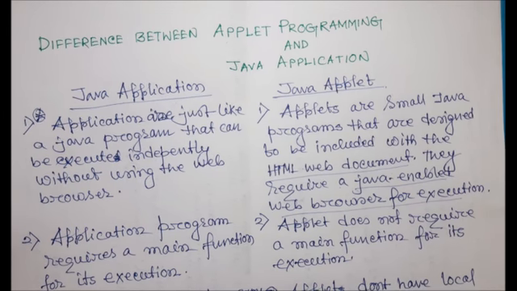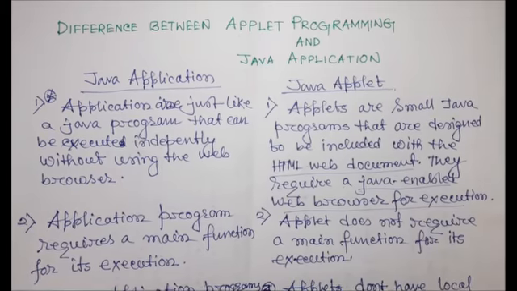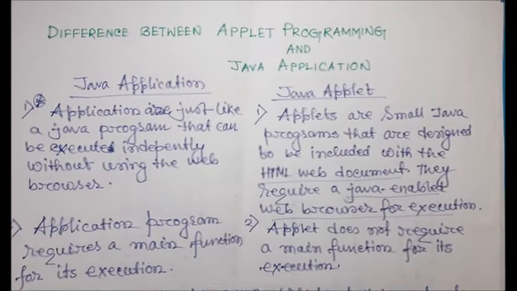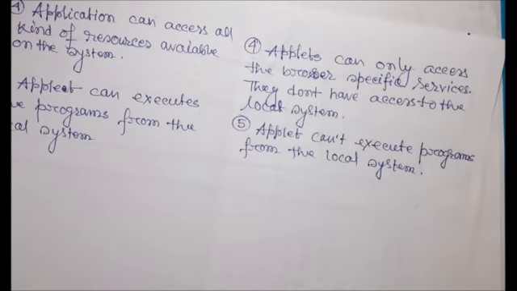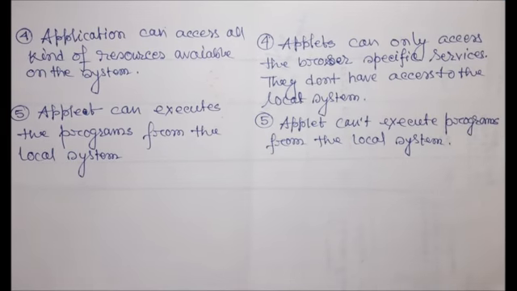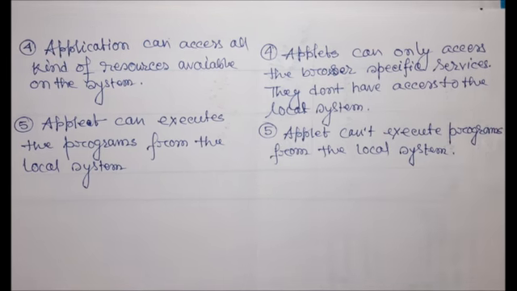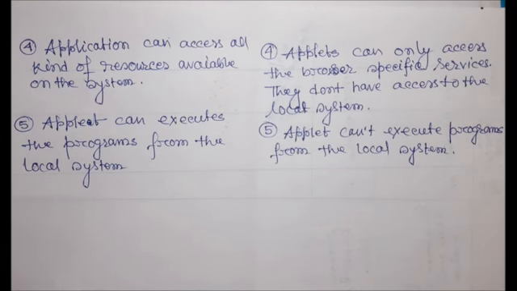So the fourth point is that any Java application can access all kinds of resources available on my system. If I run my Java program, any resource available in my system we can use. But an applet can only access browser specific services. It does not have access to the local system.